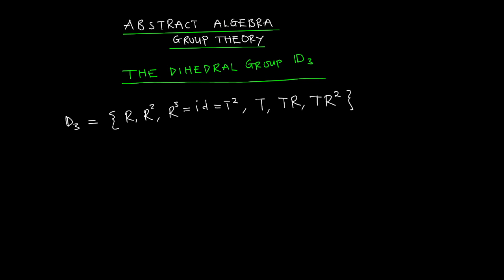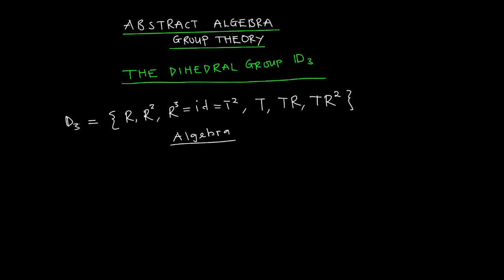That is what TR squared is. So I did a reflection of a triangle, that's T, in the previous video. Now in this video, I'm going to focus on the algebra of this dihedral group.